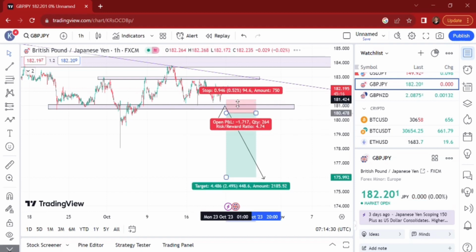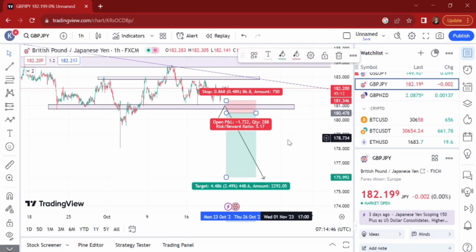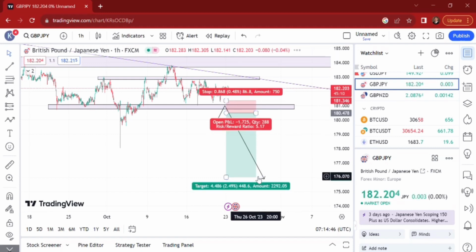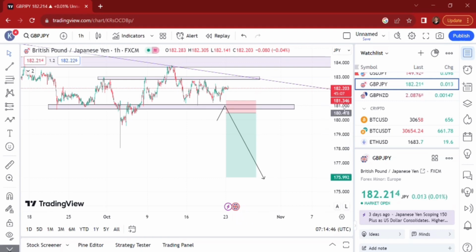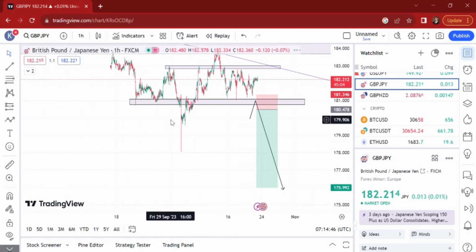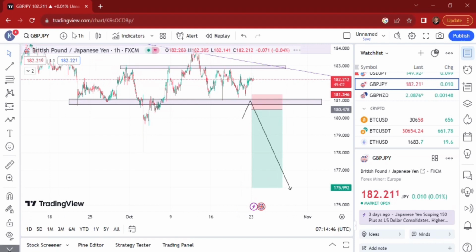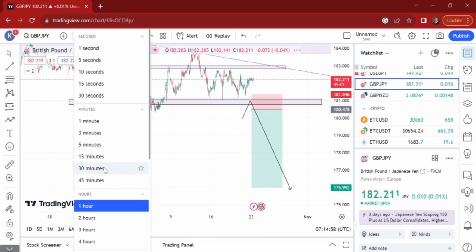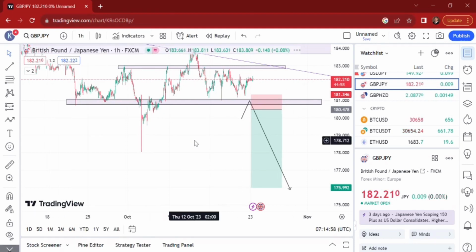I think this is a good risk to reward. How about 5:1 risk to reward? Very nice, very okay. So this is what I'm expecting.